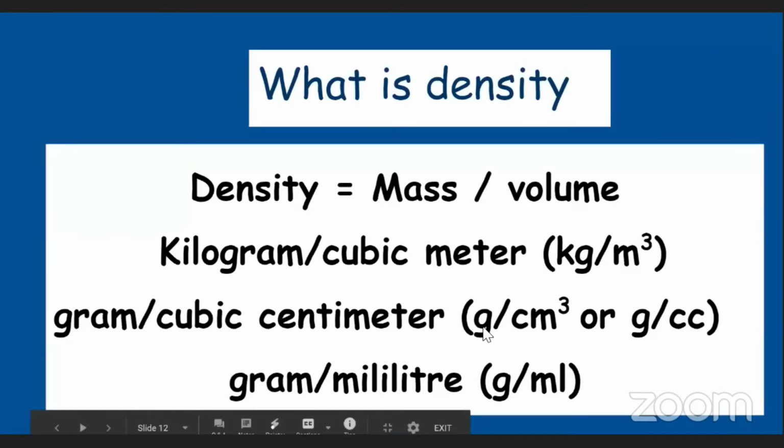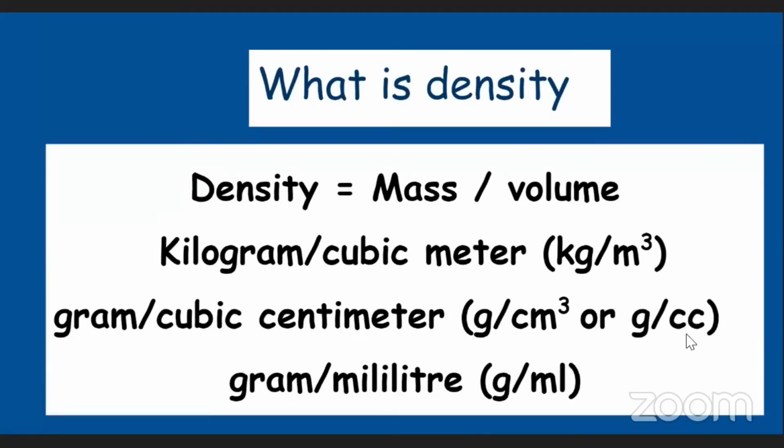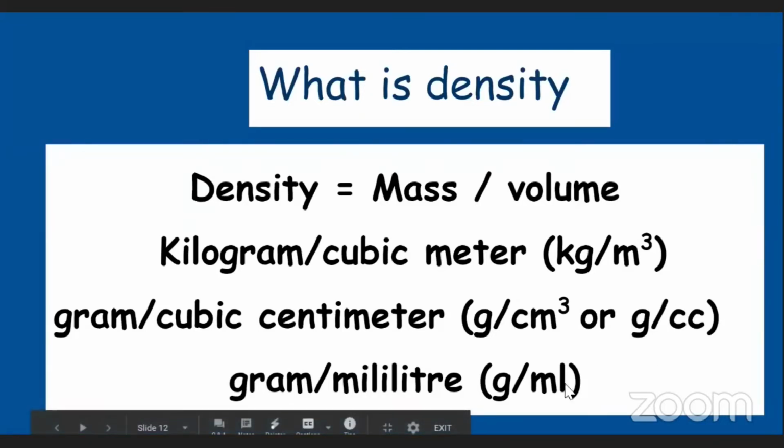We can write it as gram per centimeter cube or gram per cc, same thing. Or cc is also the same as milliliter, so we can also write gram per milliliter. So units, of course, are our choice, but let's try understanding what this definition actually is telling us.